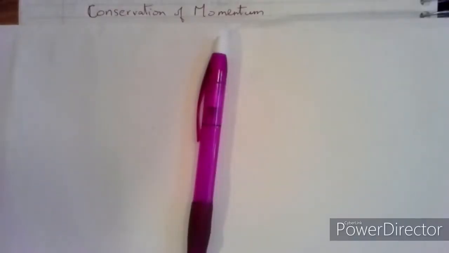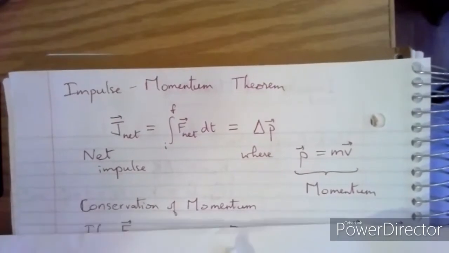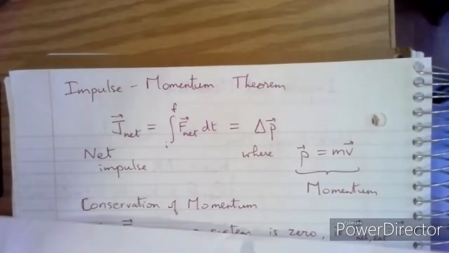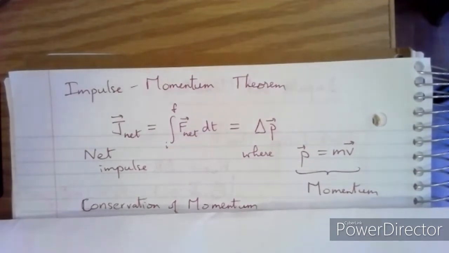In this video, we will look at conservation of momentum. Previously, we saw the impulse momentum theorem, which related the net impulse on a system to the change in the system's momentum.